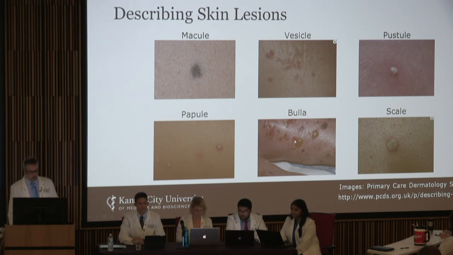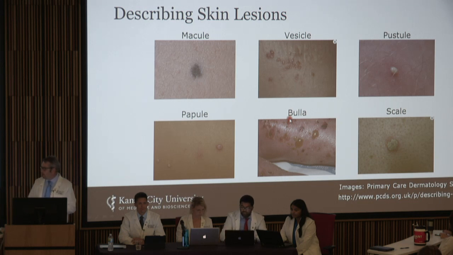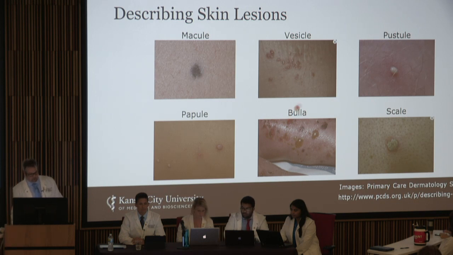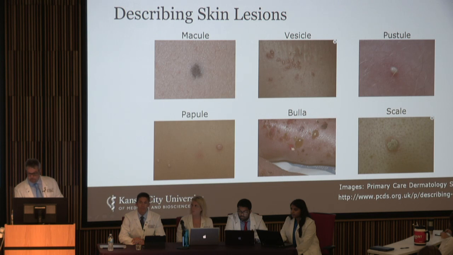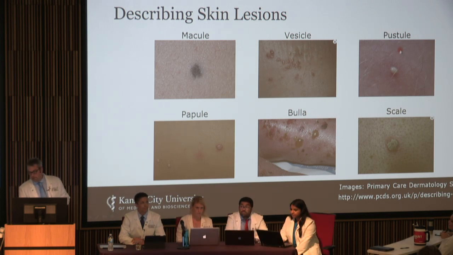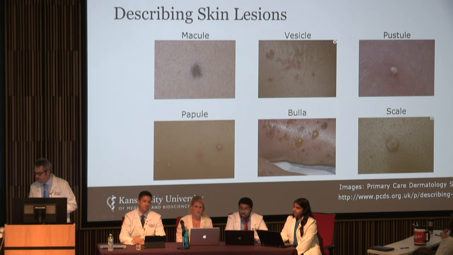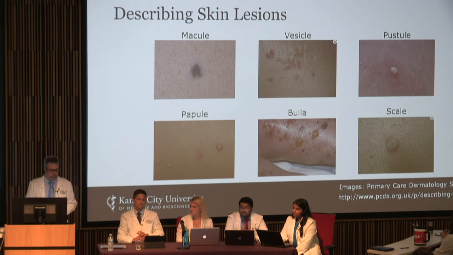Now, vesicles and bulla are quite similar in their presentation, in that each are elevated skin lesions that contain a clear fluid. However, vesicles are about a half a centimeter in diameter and less, whereas a bulla or a blister would be 0.5 centimeter in diameter and larger. A pustule is a pus-filled lesion, and a scale is that of a palpable raised epidermal grouping of cells.